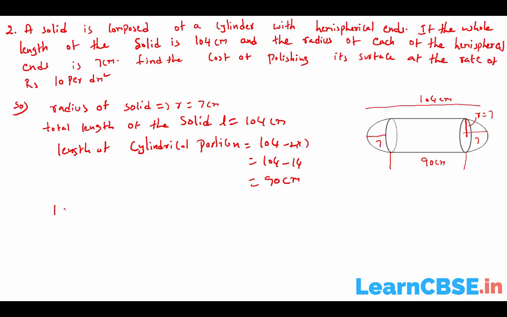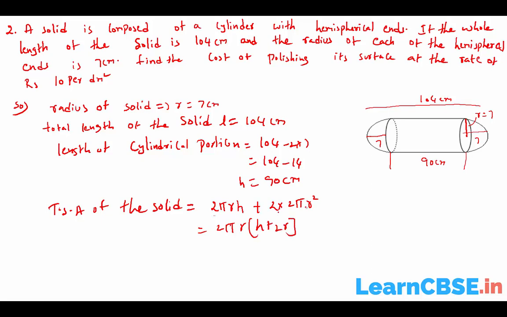Now the total surface area of the solid equals the curved surface area of the cylinder plus 2 into the curved surface area of a hemisphere, because we have two hemispherical portions. So 2 pi r h plus 2 into 2 pi r square. If I take 2 pi r common, (h plus 2r). That means 2 into 22 by 7 into r is 7 into h.